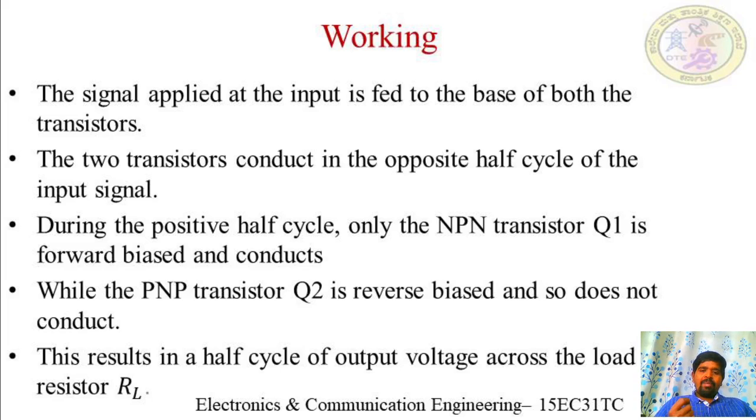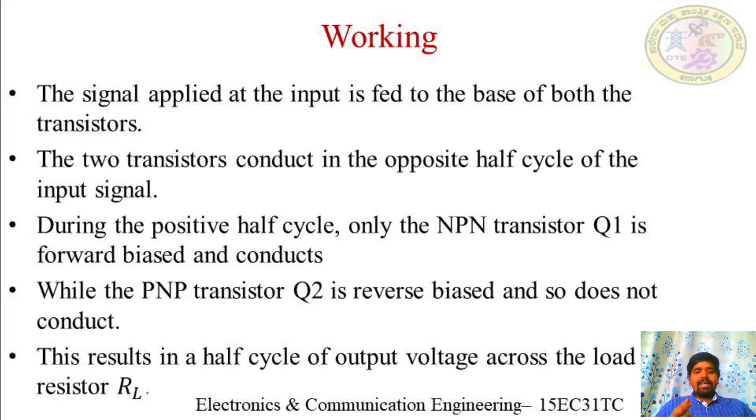Simultaneously I am applying the same signal to the two transistors, whereas in the previous class, whatever we discussed, we were applying signals to the bases of transistors Q1 and Q2 with opposite phase in the case of class B amplifier. Whereas here, in the case of complementary symmetry, we are applying the same signal to both the transistors.